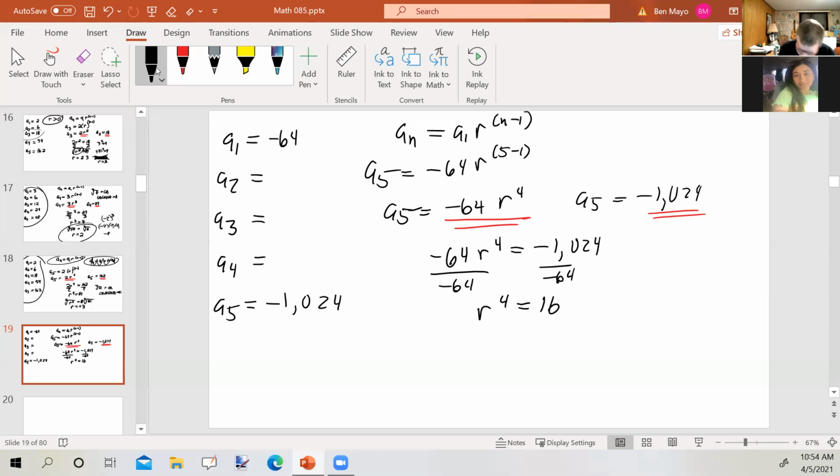Okay, so we want the 4th root of r to the 4th. Since we're taking an even root, we're going to initially get positive or negative numbers, because the 4th root of 16 could be 2, because 2 times 2 times 2 times 2 is 16.